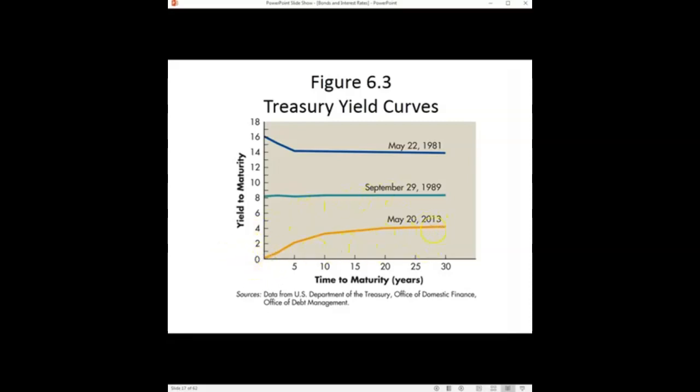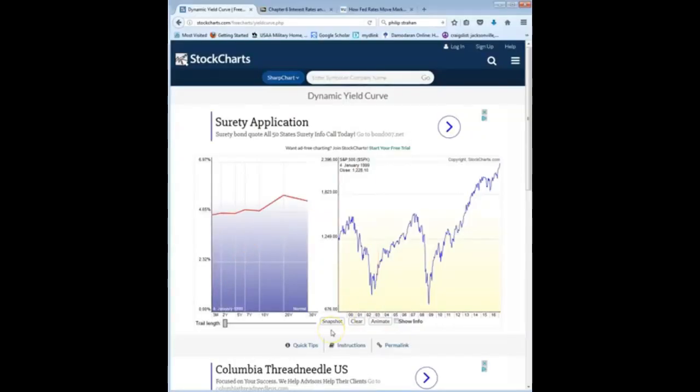And we typically interpret this as investors demanding a higher compensation for taking on maturity risk, in other words, investing their money for longer periods of time, and that investors view that going forward, investments are going to yield higher rates of return.